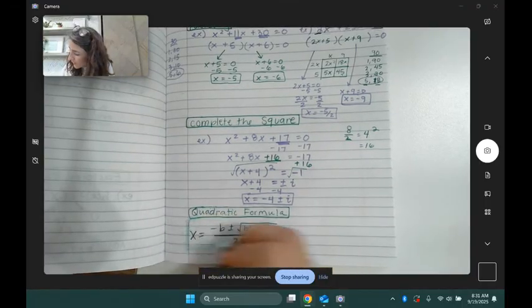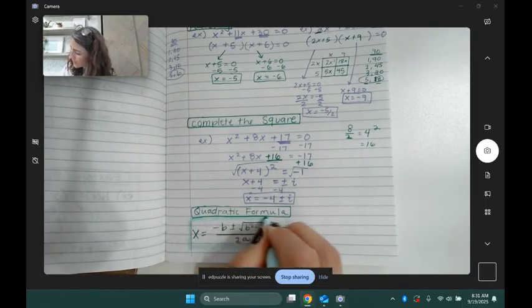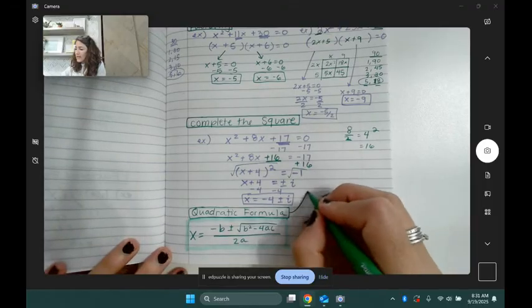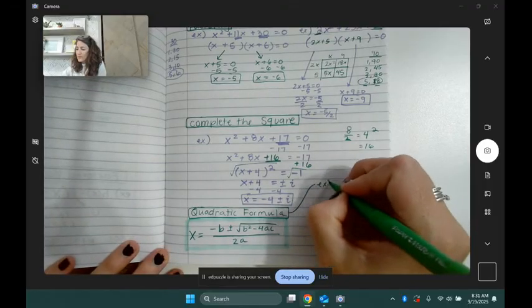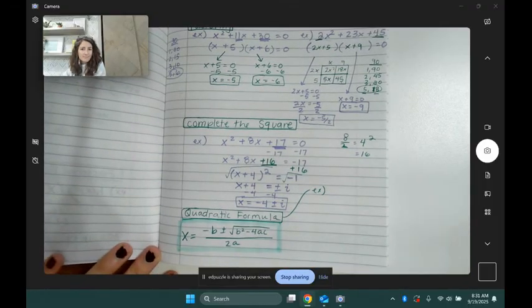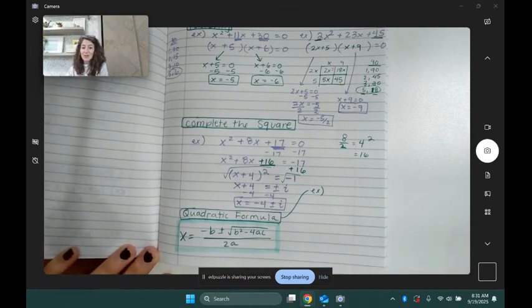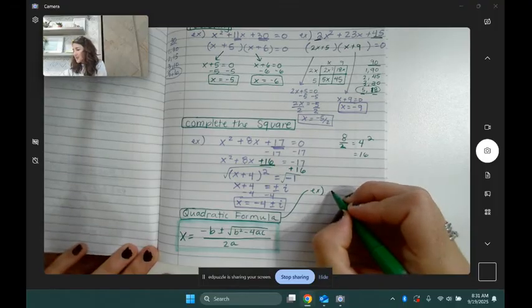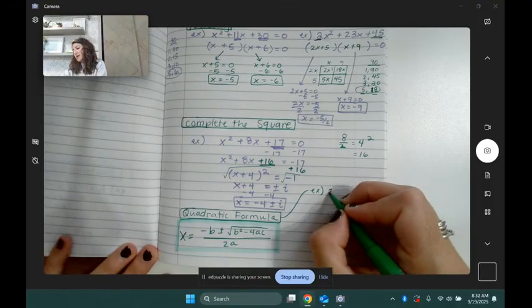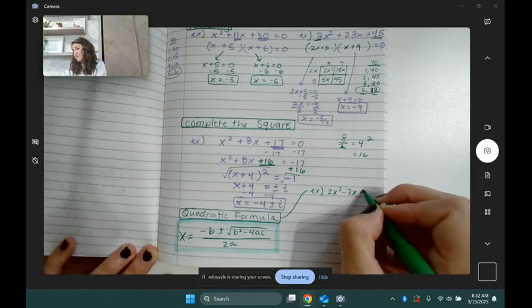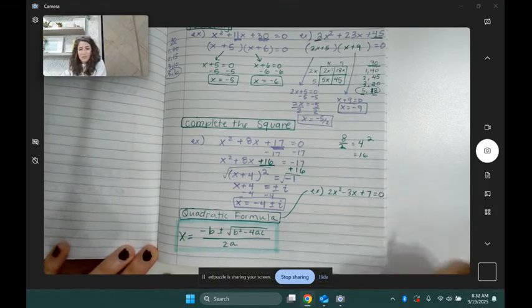Here's your quadratic formula. And it kind of goes like this. So let's say I've got, for example, this random quadratic function that doesn't seem factorable. Let's go 2x squared minus 3x plus 7 equals 0.